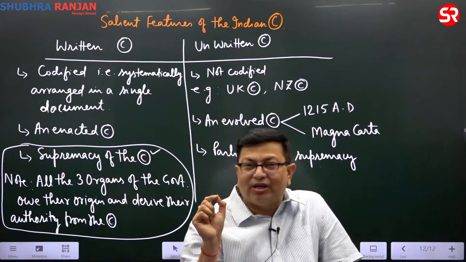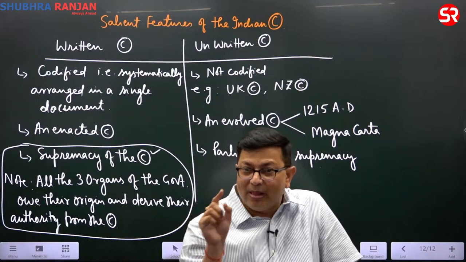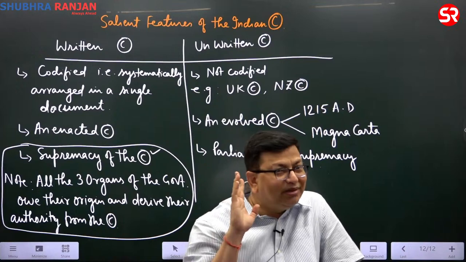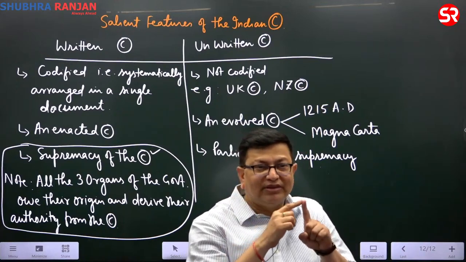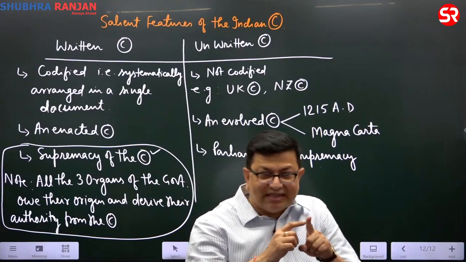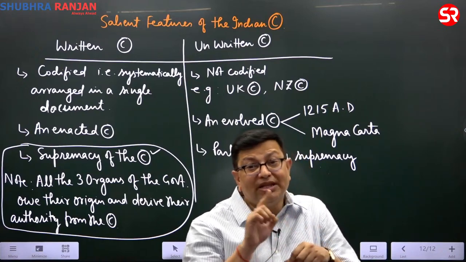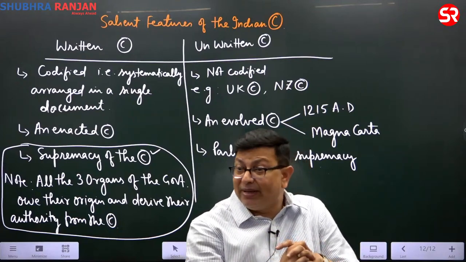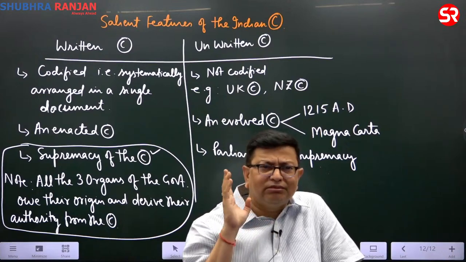It is mentioned in the Constitution that the Parliament shall consist of the President, the Council of States, and House of the People. Not only this, how the members of the Lok Sabha and Rajya Sabha will be elected, what will be their powers, how the bills will be passed, what will be the privileges and immunities of the MPs, everything has been mentioned in the Constitution.